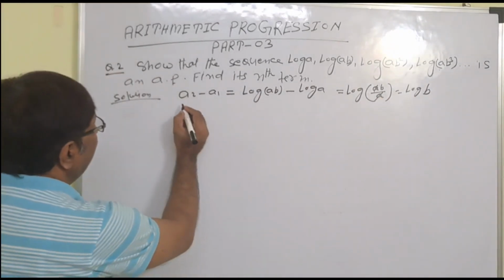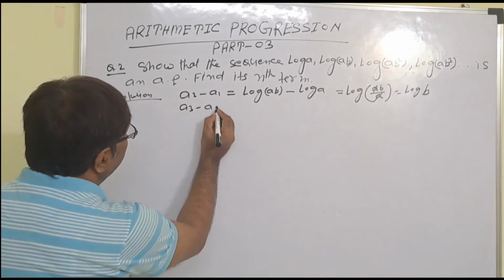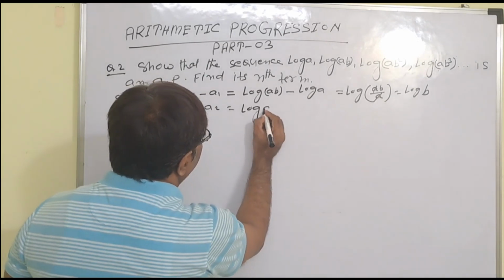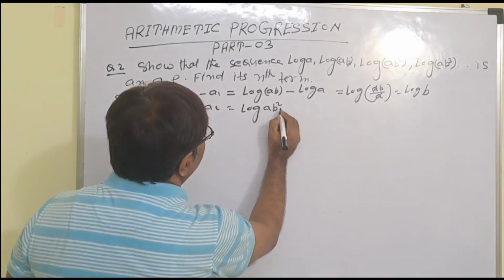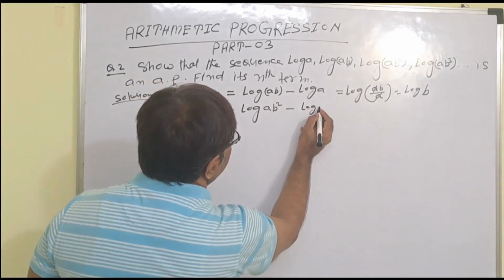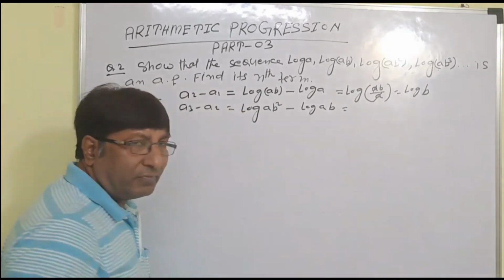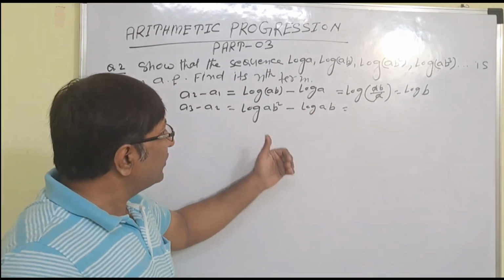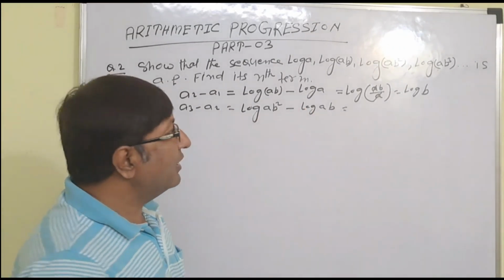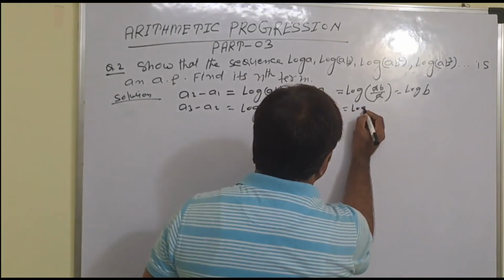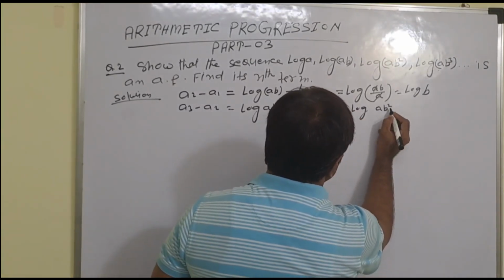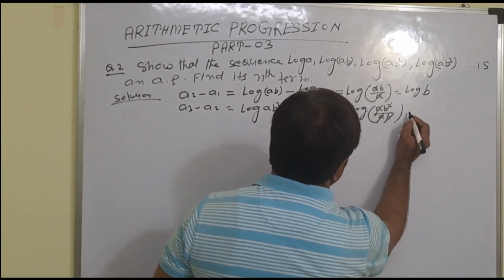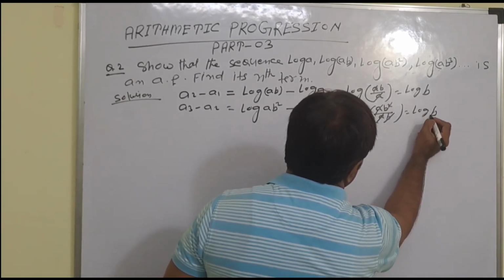In the same way, finding A3 minus A2, third term minus second: the third term is log ab square, minus log ab. Again log x minus log y, the formula is log x upon y. So log ab square divided by ab. This a cancels, this b cancels, and we get log b.